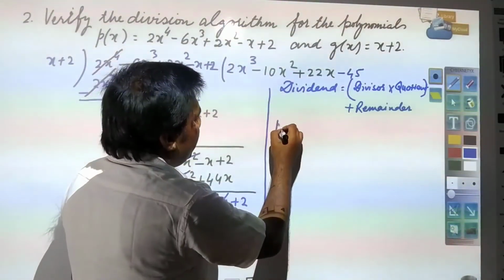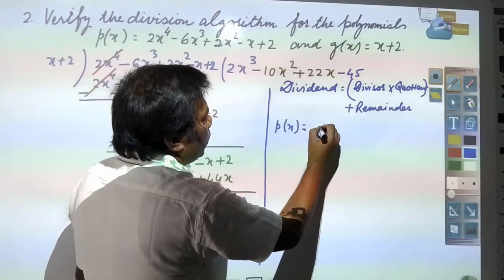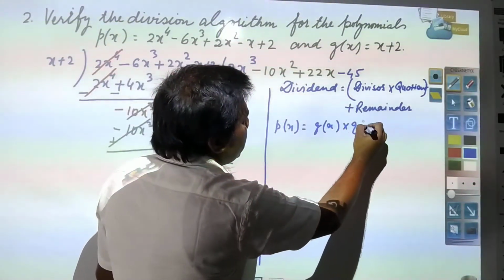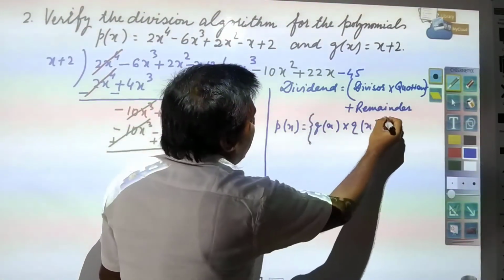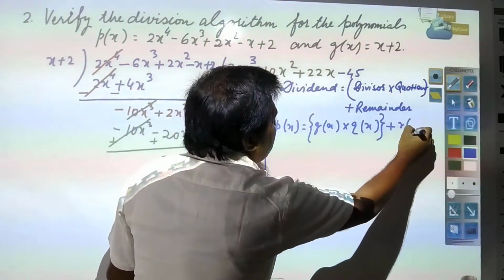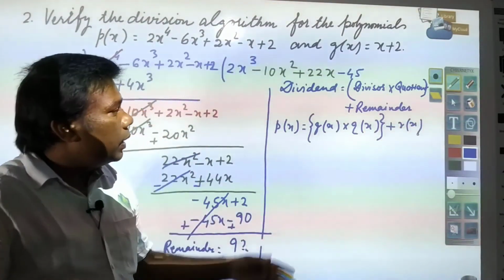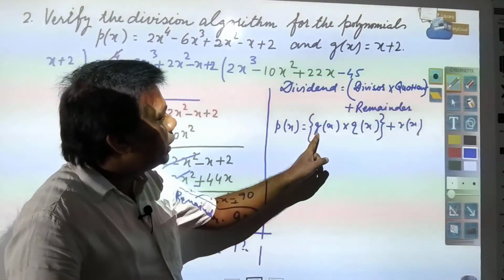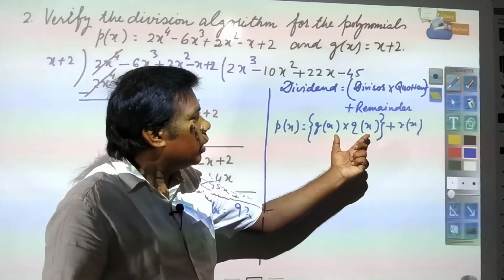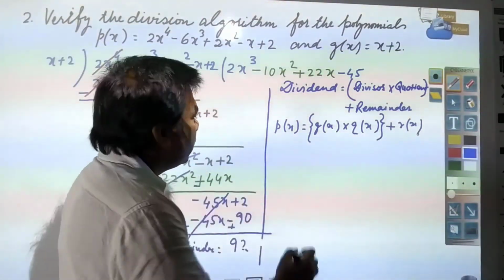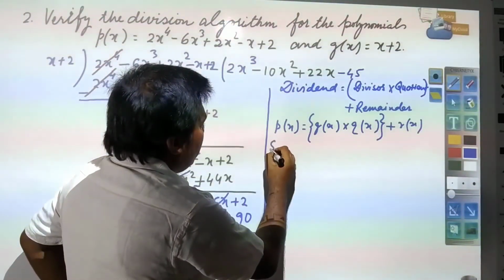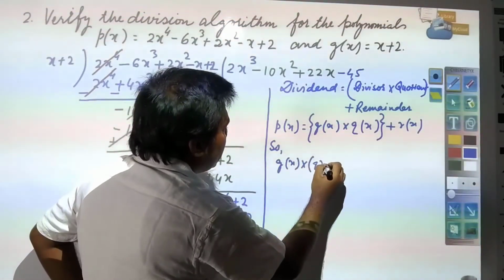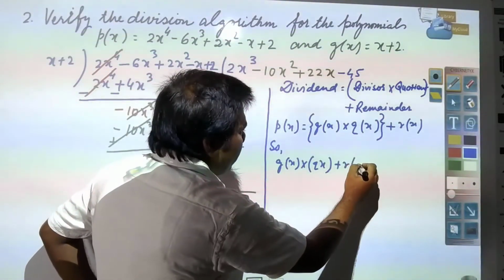So we can write P(x) is equal to G(x), the divisor, into Q(x), the quotient, plus the remainder, that is R(x). So this is needed to be verified. So we need to multiply G(x) and Q(x), and then we need to add R(x) on that. So G(x) into Q(x) plus R(x) we will find out.